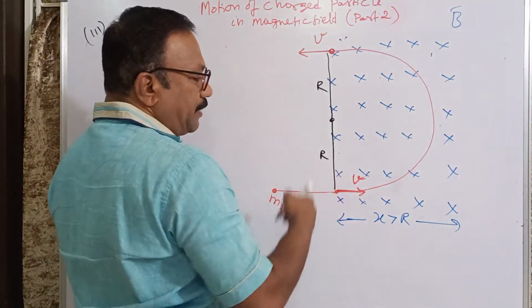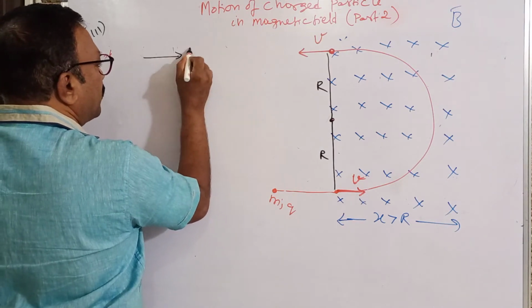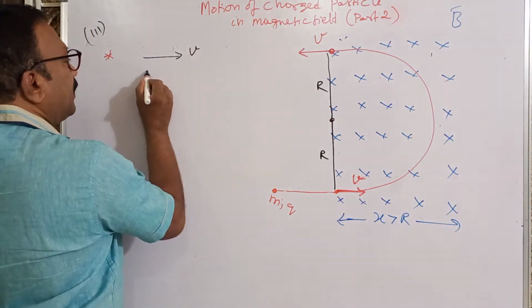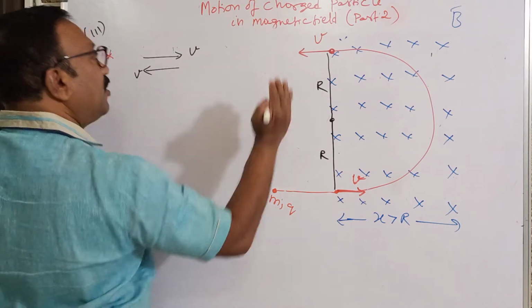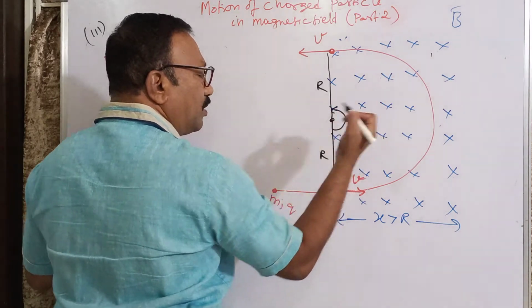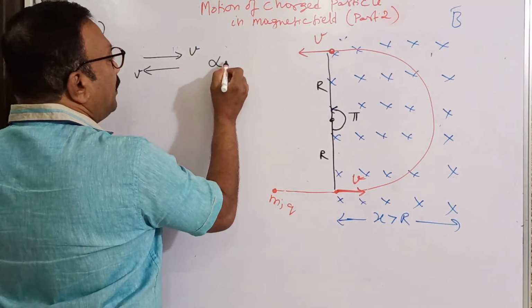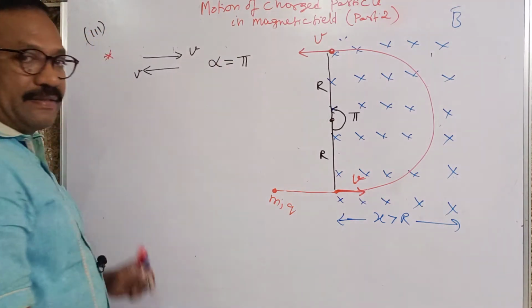If this is the diameter, then what is the initial direction? This is the initial direction. What is the final direction? This is the final direction. So through what angle have you turned? See how much angle you have turned here. No doubt it is 180 degrees. So the angle through which you have turned is equal to pi radians.